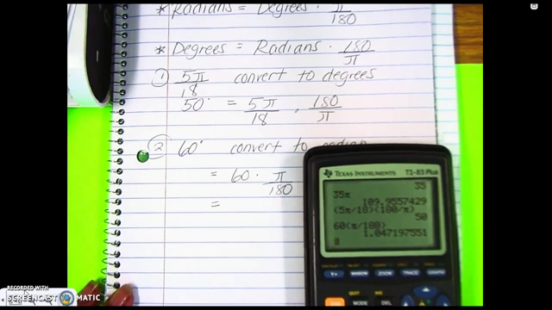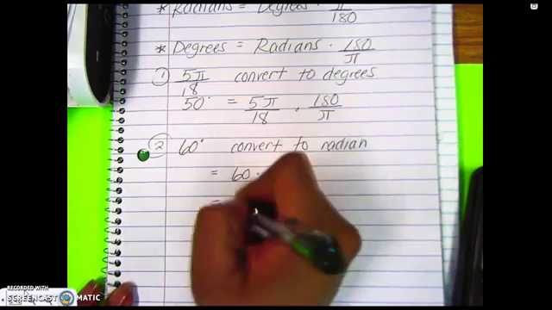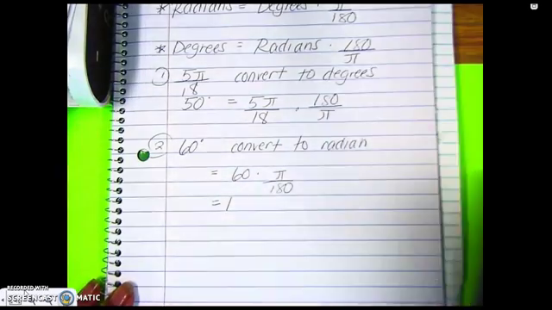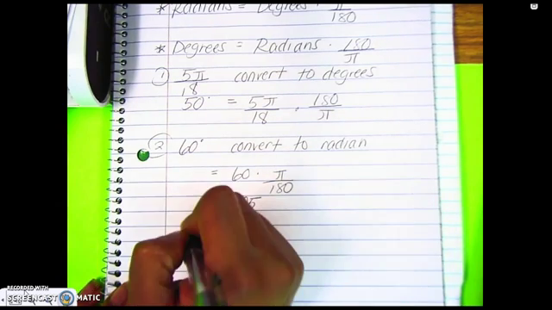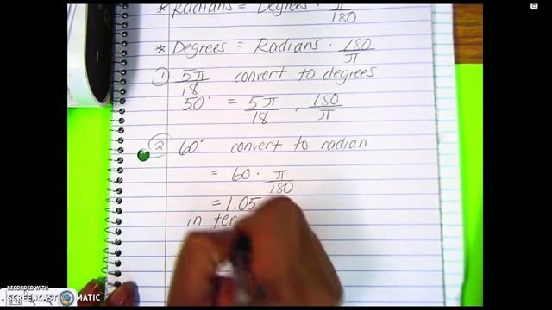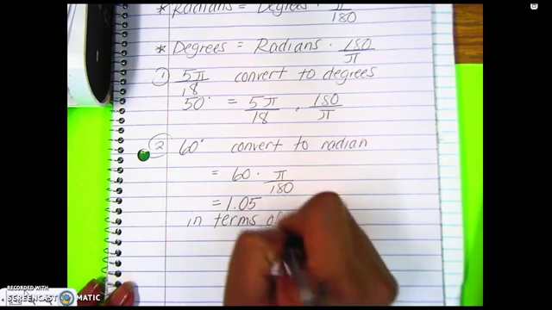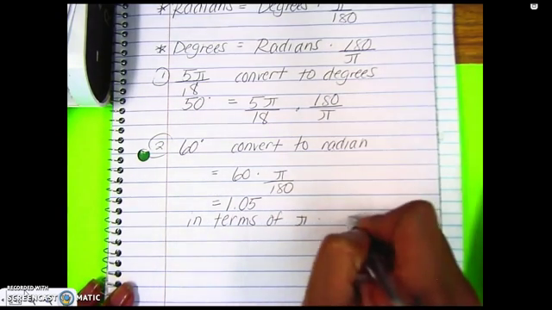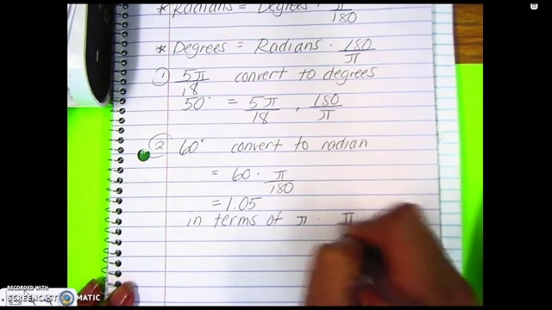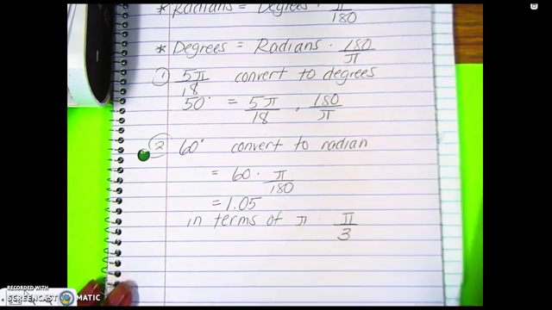This angle is also on your unit circle. Okay, so if you looked at your unit circle, you get this degree in terms of pi. So when I multiply everything together, I get approximately 1.05. If I want my answer in terms of pi, I'd look at my unit circle and I'd see that 60 degrees is pi over 3.